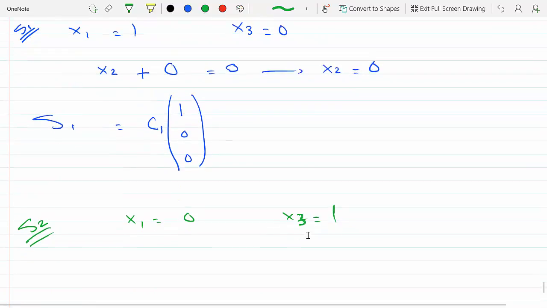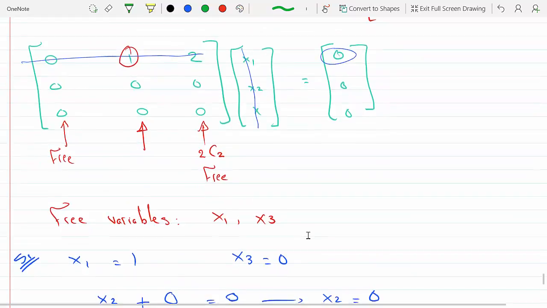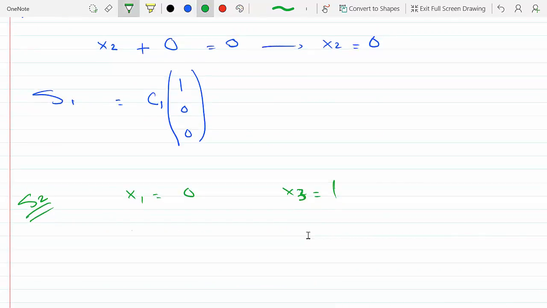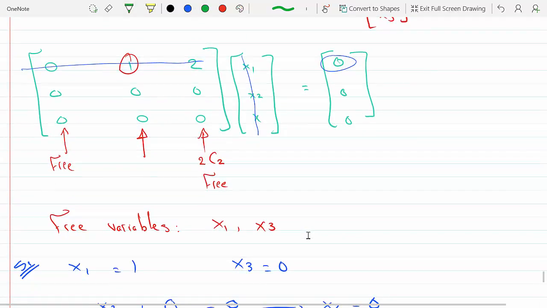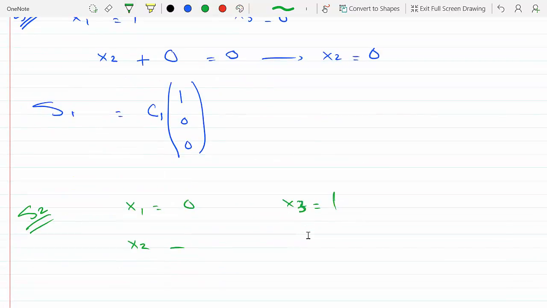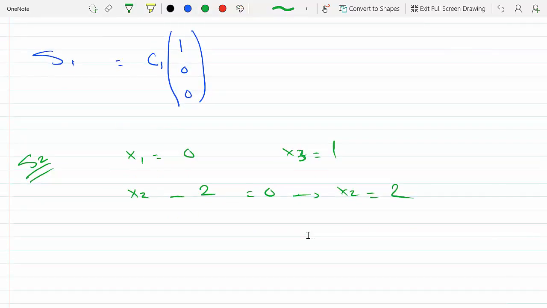So this is 0 times x1, which is 0, plus x2, plus 2x3, and x3 is 1, so plus 2 equals 0. That means x2 equals minus 2. So my second solution, s2, will be some multiple of 0, minus 2, 1.